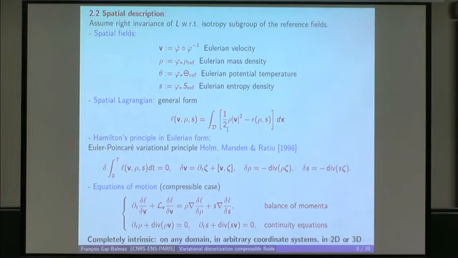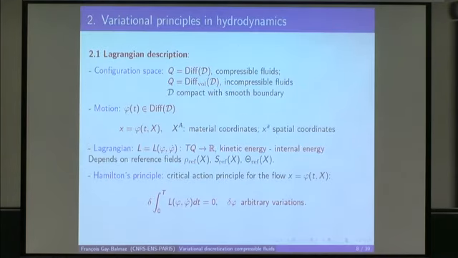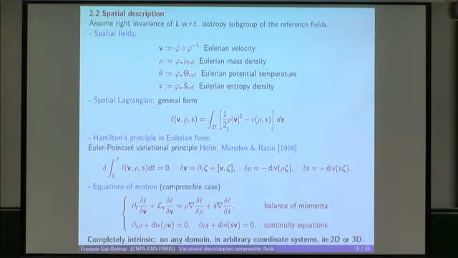So now the question is how to write Hamilton's principle in Eulerian variables. So you have to take variations of these Eulerian fields, but only those that are induced by variations of your Lagrangian field, phi.